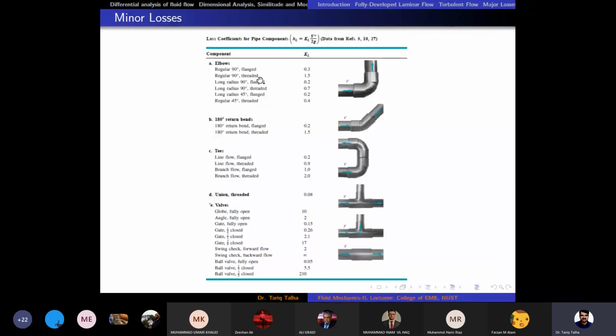If we know how that component has been joined, threaded or flanged, there are two major joining types. In both cases, the value of KL would be different. So we can see these values for each component from the table.